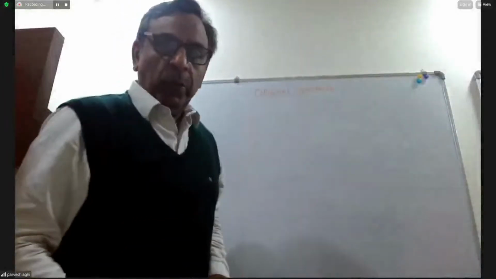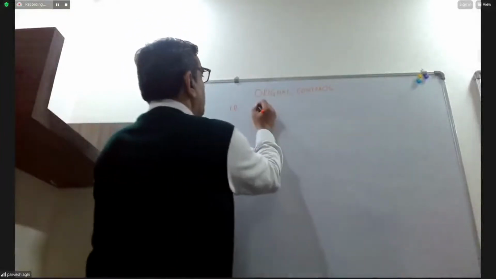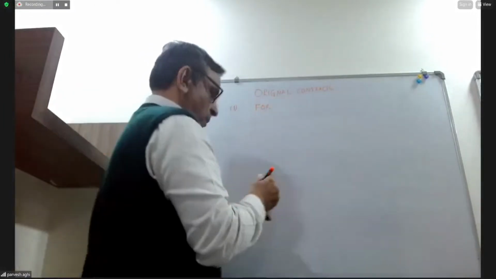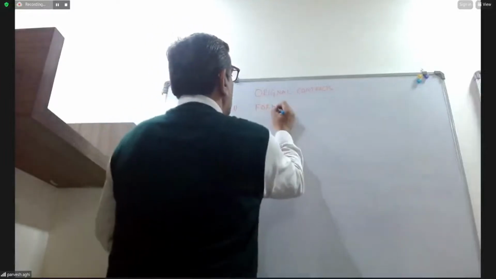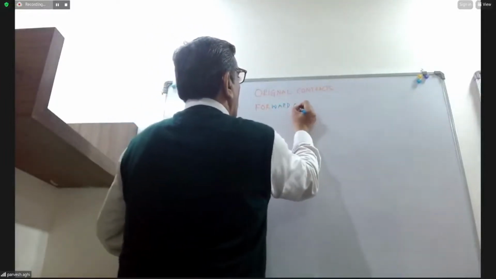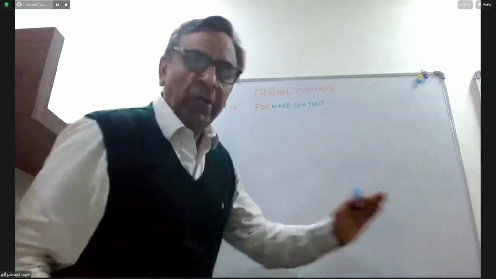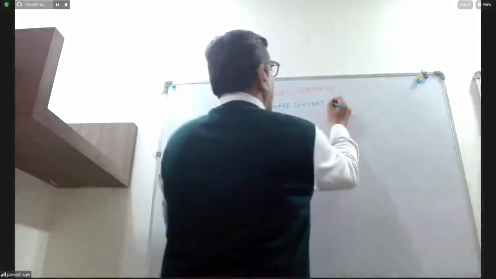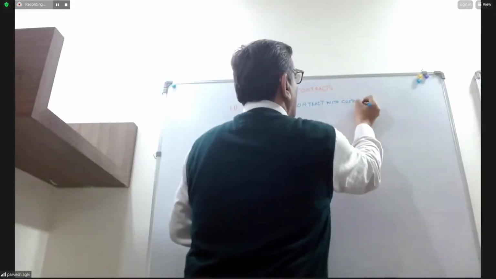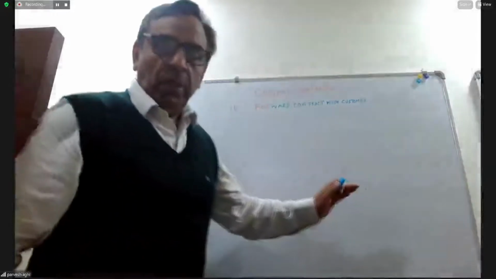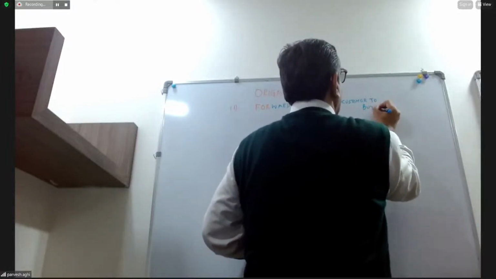So first, what happened was there was a forward contract. I'm going to use a different pen. So a forward contract. You took a forward contract with the customer to buy dollars.